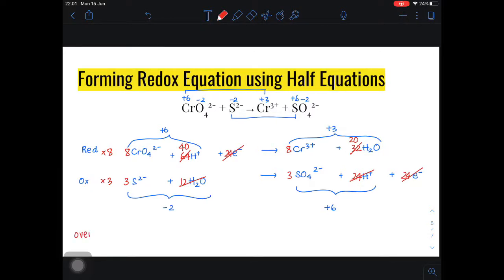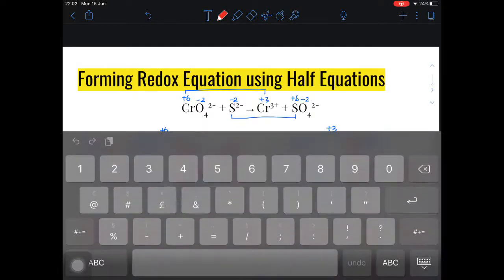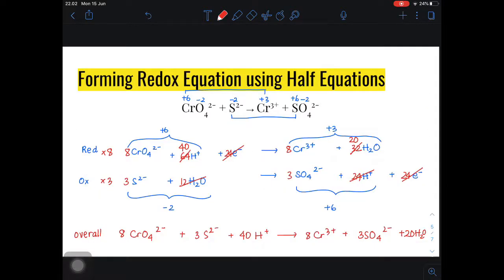So the overall reaction is 8 CrO4 2- plus 3 S2- plus 40 H+ gives us 8 Cr3+, 3 SO4 2- plus 20 H2O.